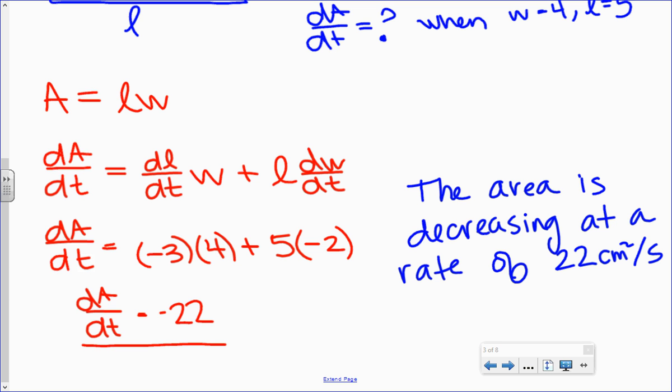Yes. But if you take the area 1 second later, it's not 22 centimeters squared less. Well, because you have two different rates happening, right? The rate of your width is different than the rate of your length, so it's not going to follow that linear model that you're trying to think of.